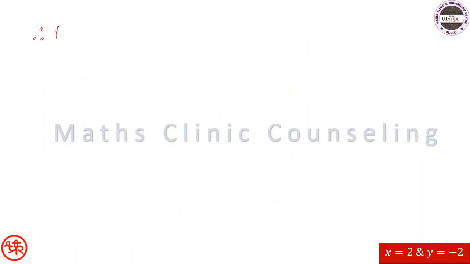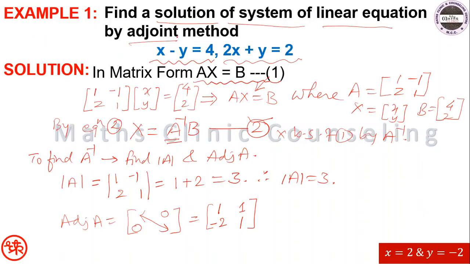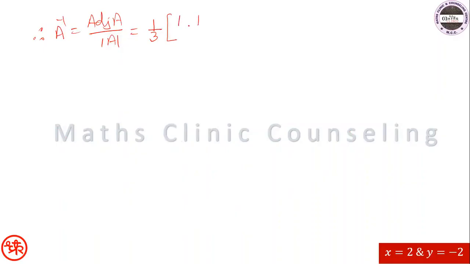And therefore A inverse is equal to adjoint A divided by determinant A. डिटर्मिनेंट है 1/3. एडजॉइंट A कितना निकाला है हमने, देखो कितना है, 1 1 -2 1. Is that clear? तो ये इनवर्स हो गया.